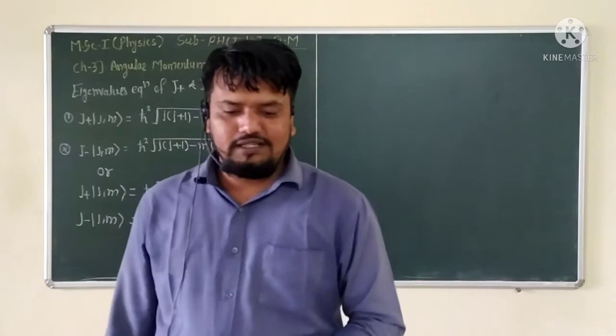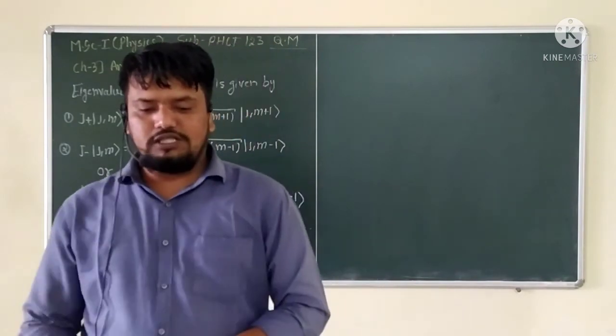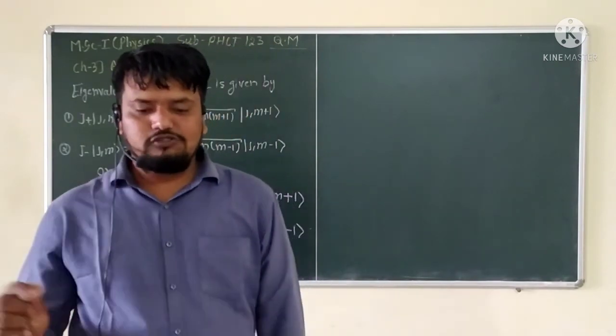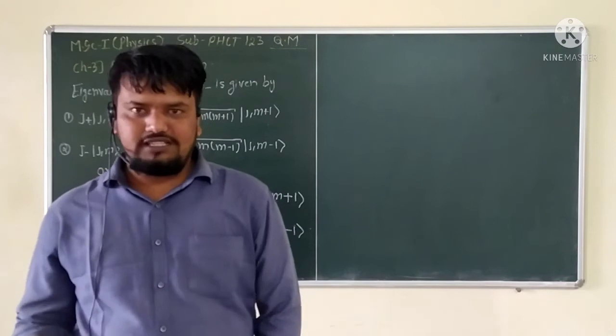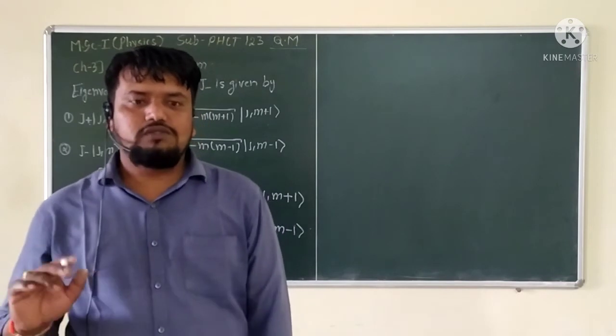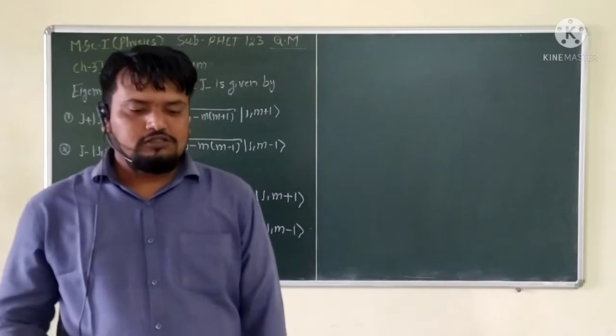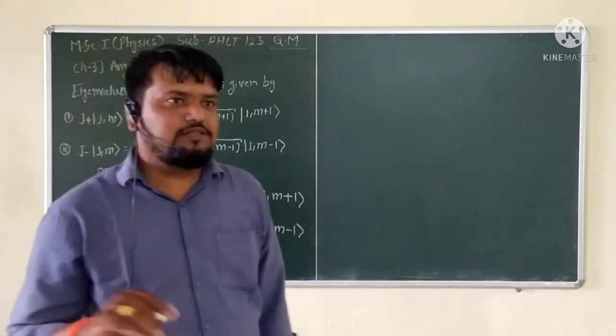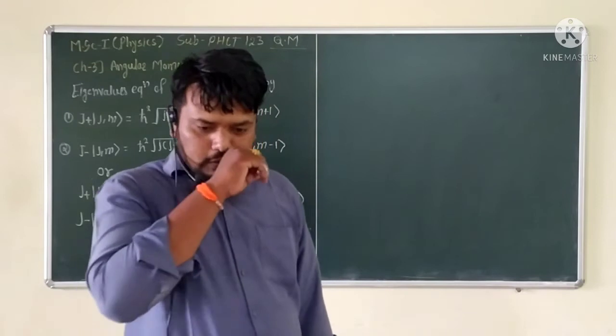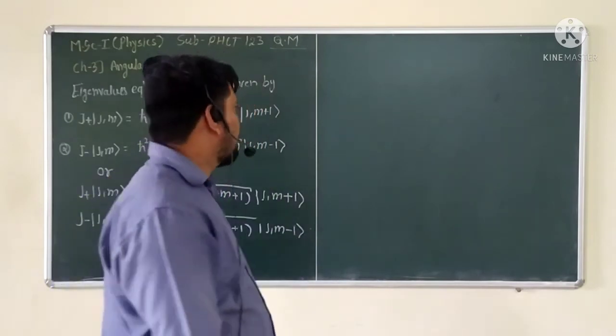Now, in terms of J plus and J minus, there are two relations, for Jx and Jy. So what is the Jx eigenvalue equation?